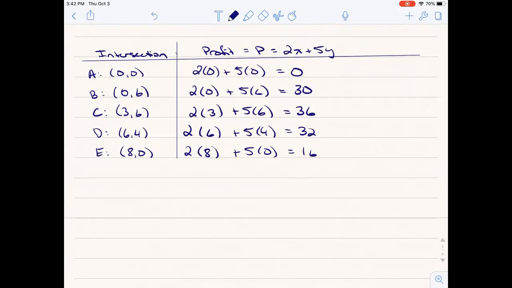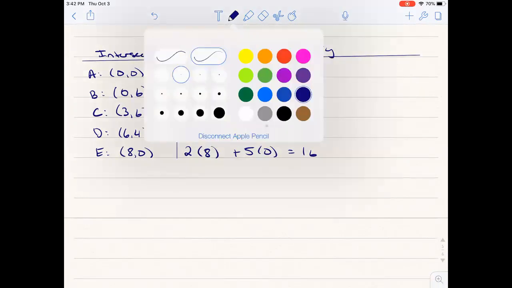If I gave you a list of these possible profits, which one do you want? Probably 36. All right. So that's the maximized profit.